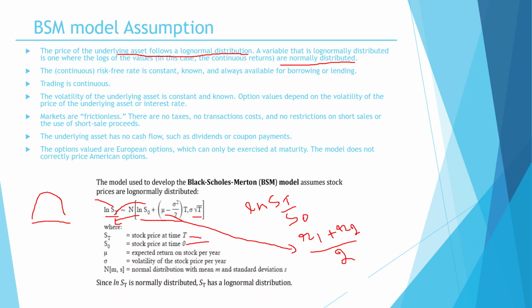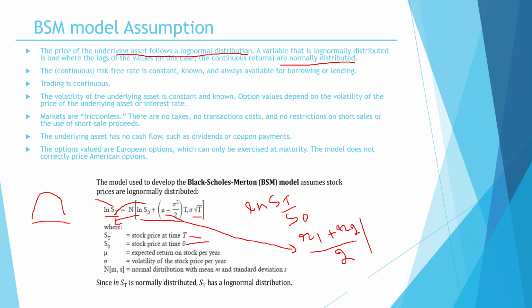However, if we take the average in this way, technically this is not correct. This is also called the arithmetic mean, which will not give the correct result. So the correct result will be based on the geometric mean.